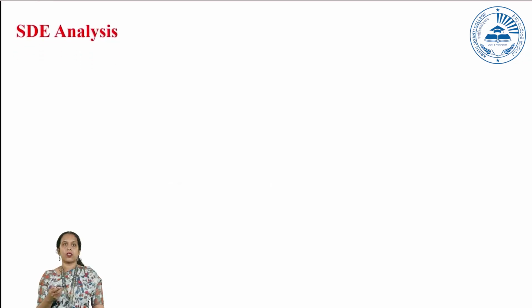And next we are going with the SDE analysis. Here it is based on procurement or the suppliers. They see how difficult or how easy it is to get a particular raw material. According to that availability, they divide items into three groups: S group, D group and E group.